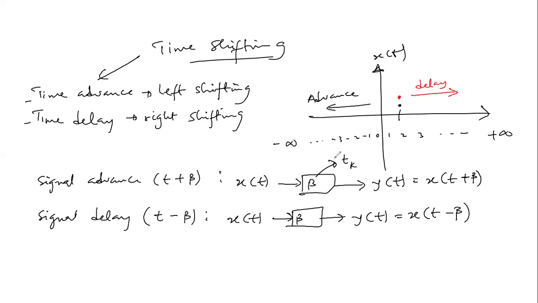So we can liken t sub k as some positive time parameter and beta as some negative time parameter. So let us play with an example. Okay, let us play with one simple example.